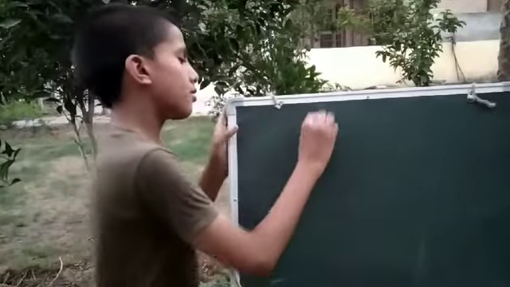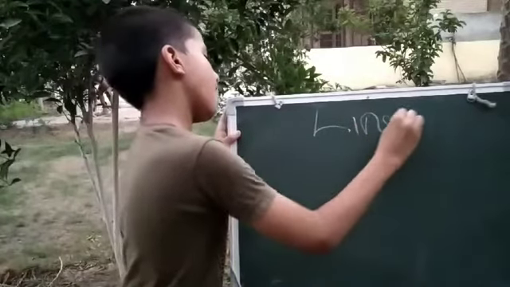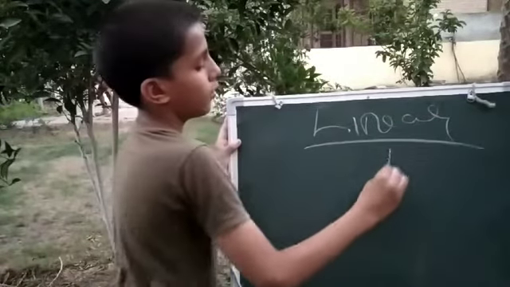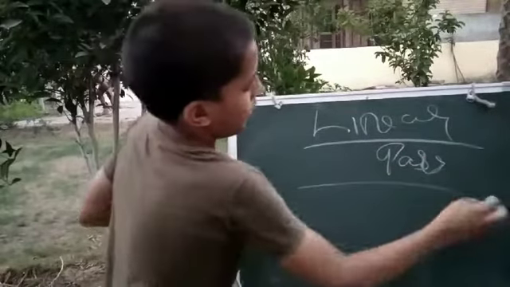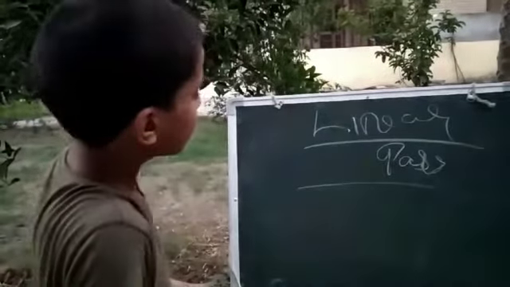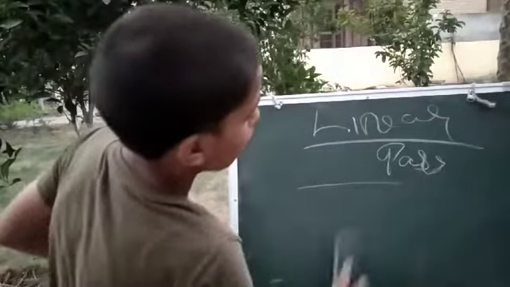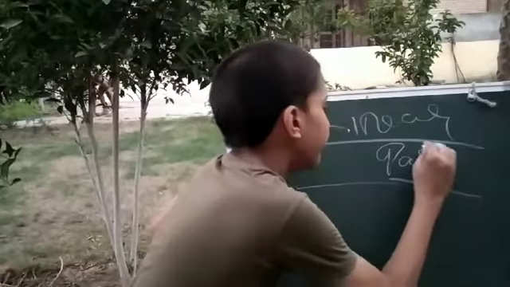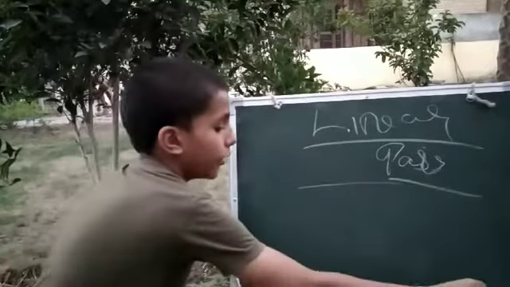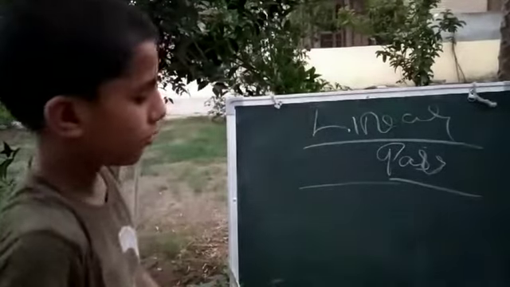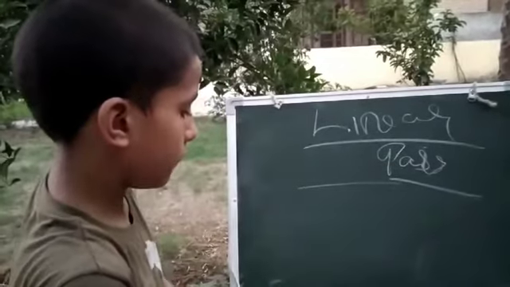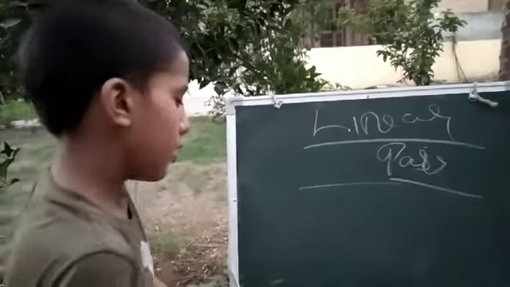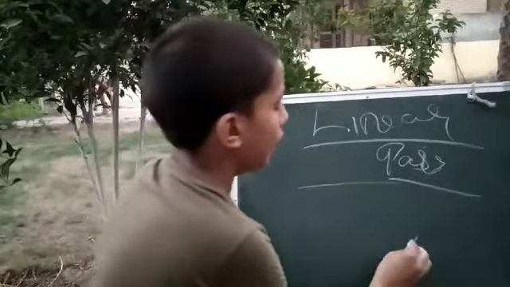A linear pair means having a straight line like this, and like this there is an angle.